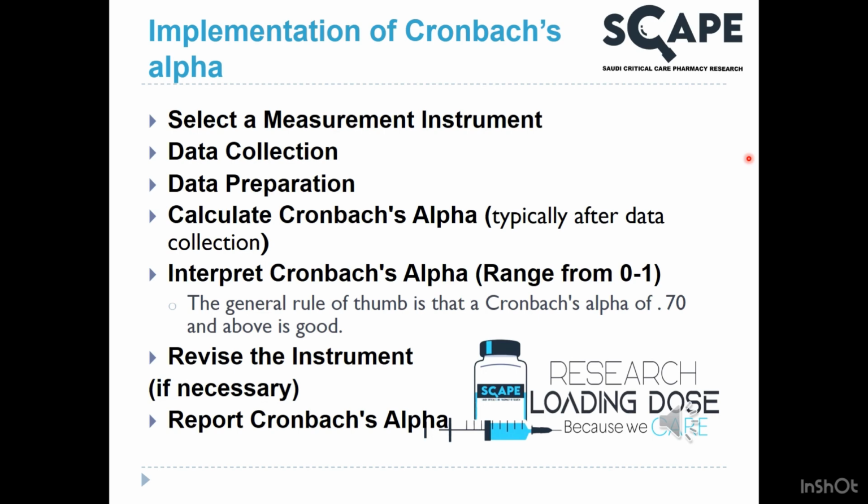So basically we need to report the calculated Cronbach alpha along with a brief interpretation of its significance. And also we need to be more elaborative on the revision of your questionnaire. We need to define the steps, like how we revised the instrument after seeing the Cronbach alpha statistic. So all those steps we need to define in our results section, and we need to report accordingly.